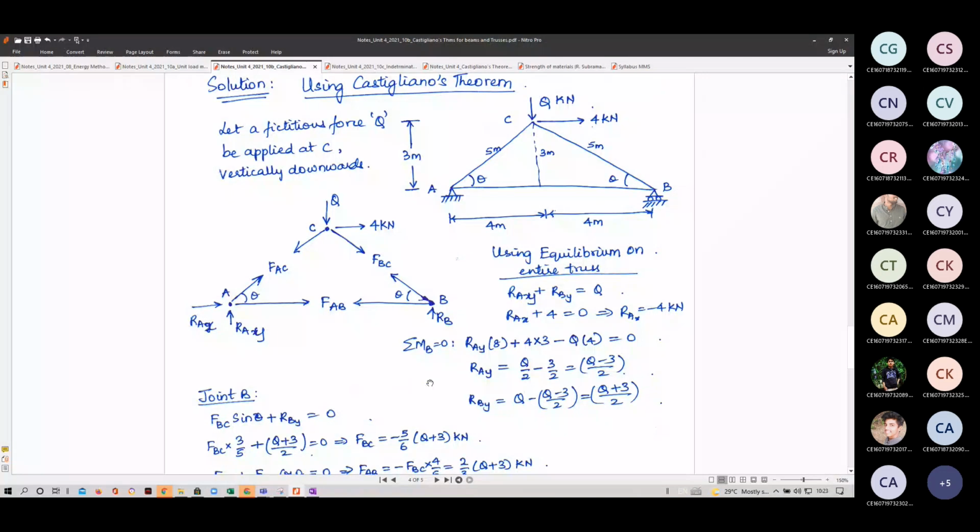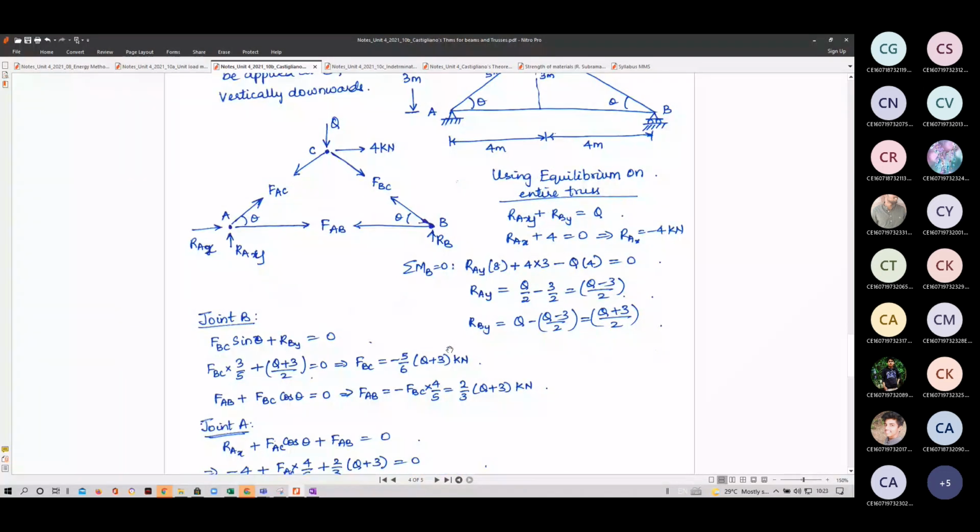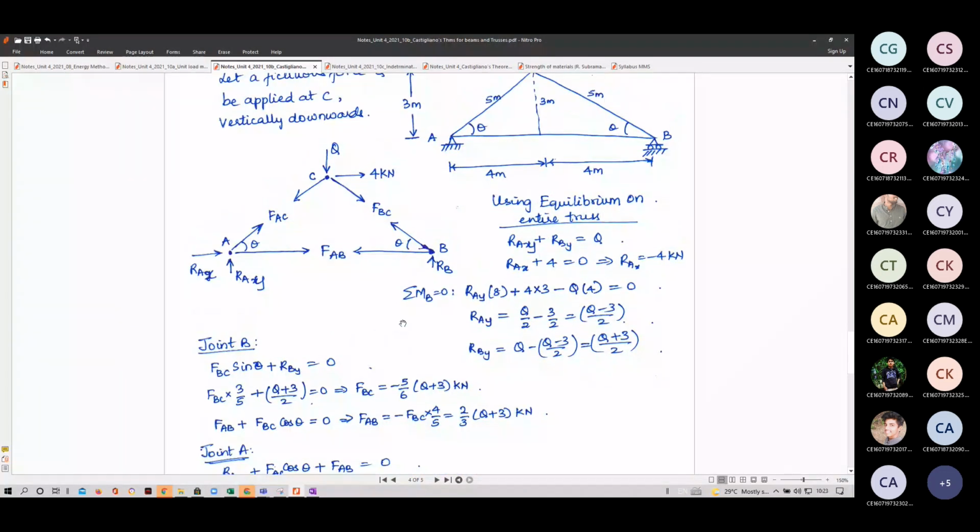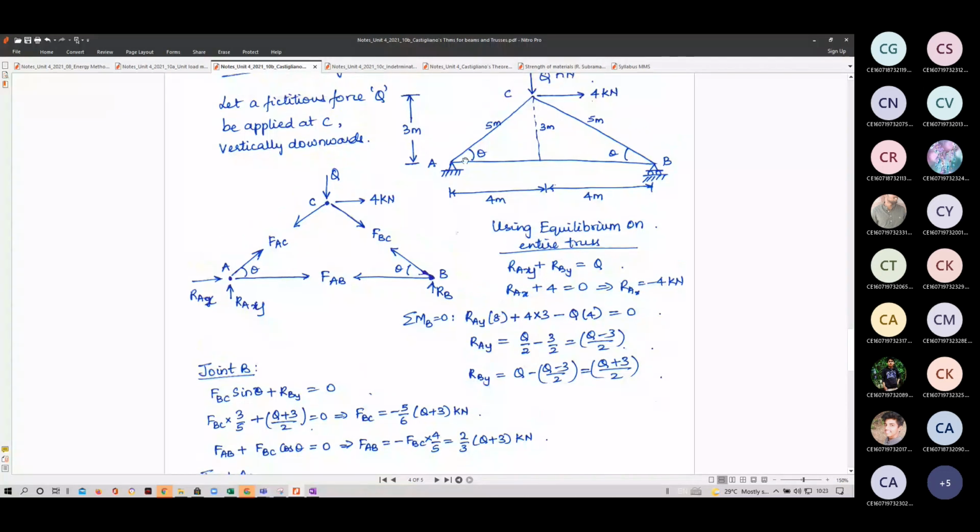Now, after that, what we need to do is use equilibrium to solve for the entire thing. First of all, consider the truss as one single body and find the support reactions.